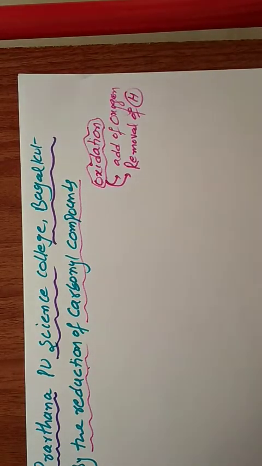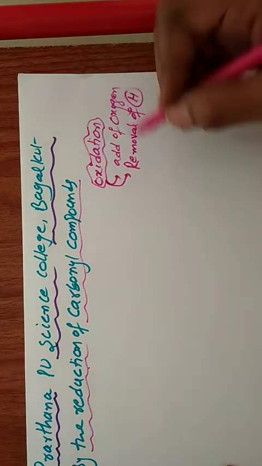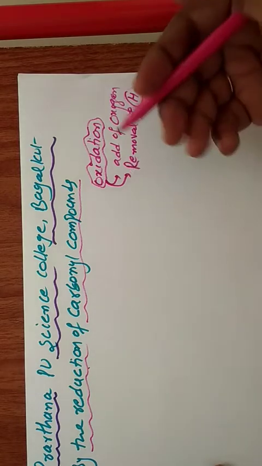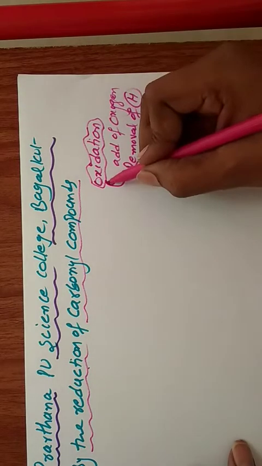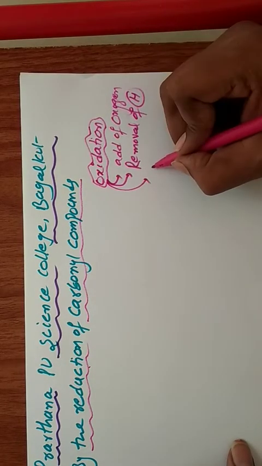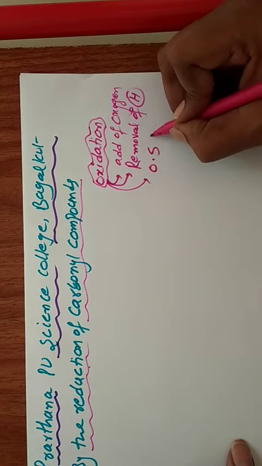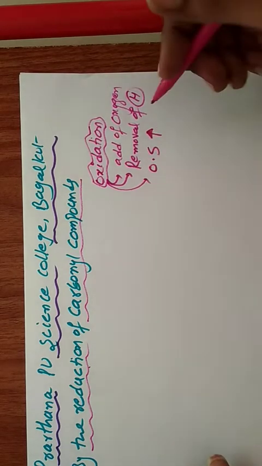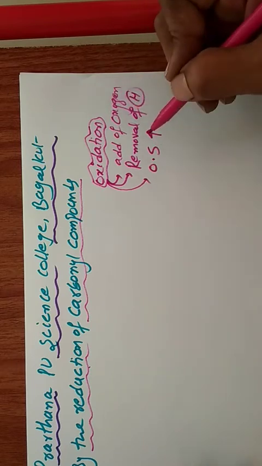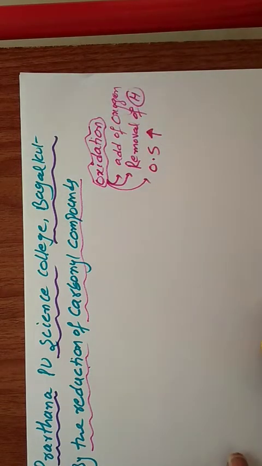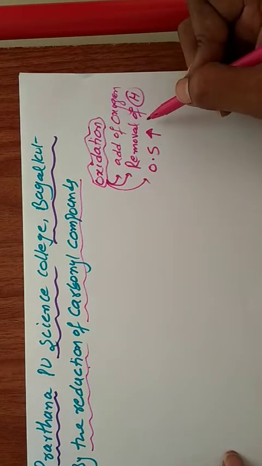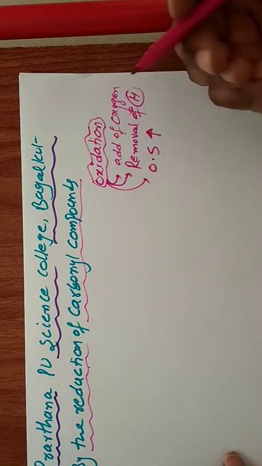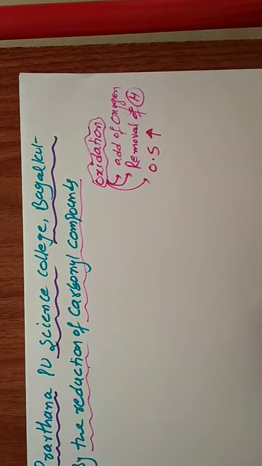If you remove hydrogen, that process is also called oxidation. Another definition is increasing the oxidation number, that is, the oxidation state increases. These definitions are generally used for the oxidation process.